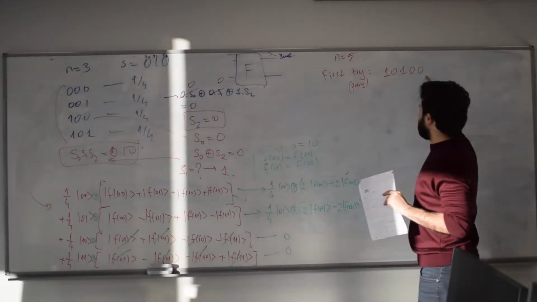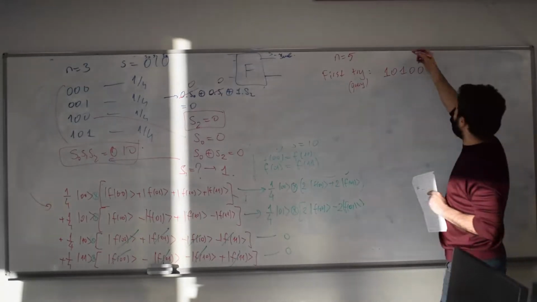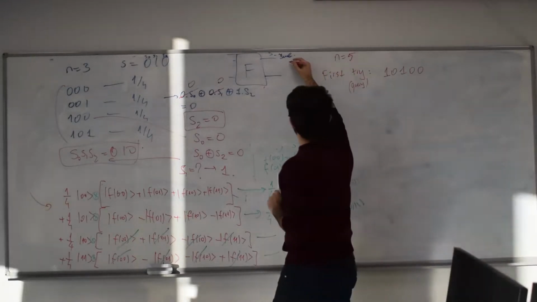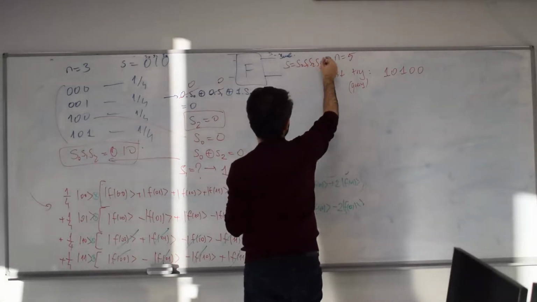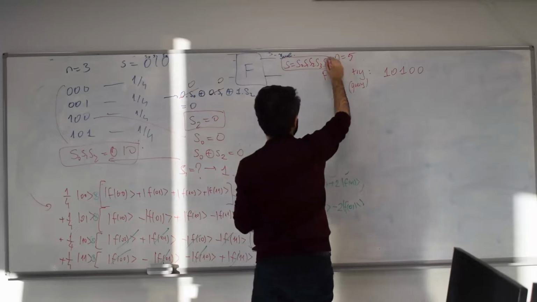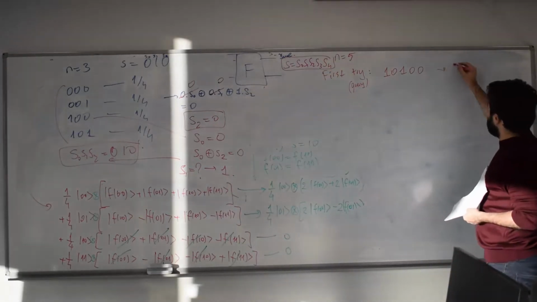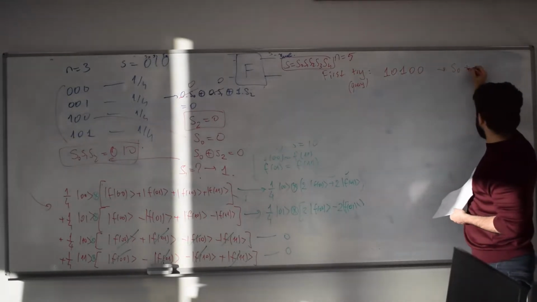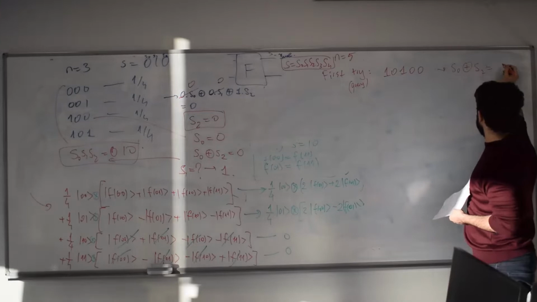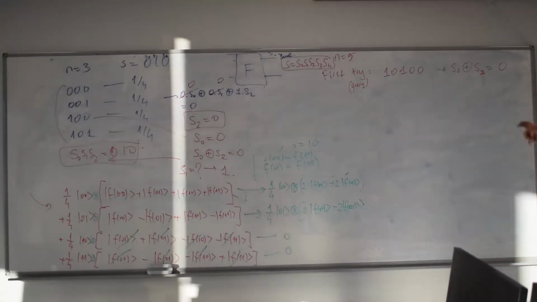What does that tell us? I'm looking to find out what S is. S is S0, S1, S2, S3, S4, because it's 5 bits. This tells us that S0 XOR S2 is 0, because the dot product is 0.